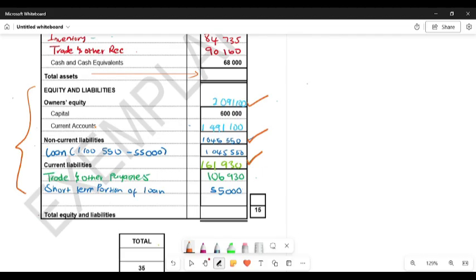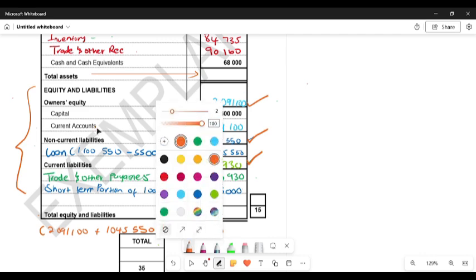So my owner's equity, remember, it is the 2,091,100 plus my non-current liability, which is 1,045,550 plus my current liability balance, which is 161,930. Now let me just simply add these three amounts. And if I do so, I'm going to get 3 million.